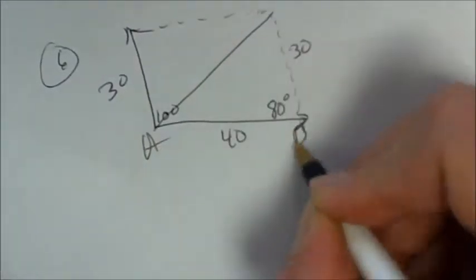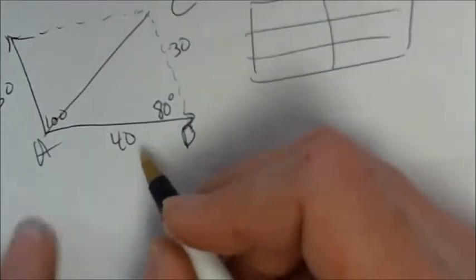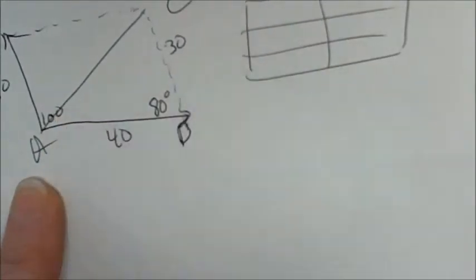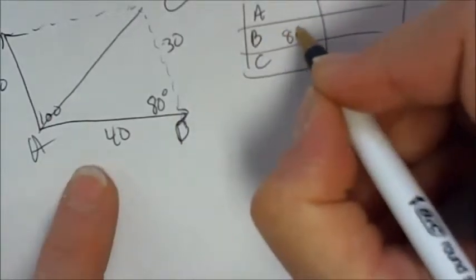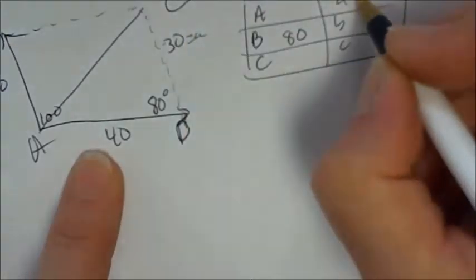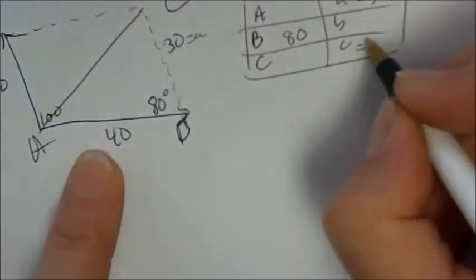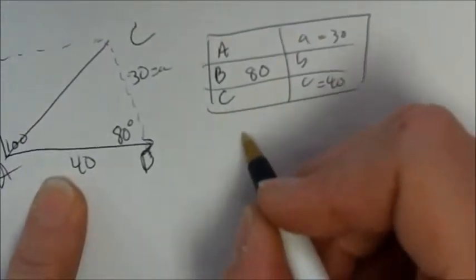So setting up our ABC chart, we'll see that we don't know what angle A is, but we do know that angle B is 80. We know that little a is 30. Little c is 40. We don't have a whole row filled in, so we use the law of cosines.